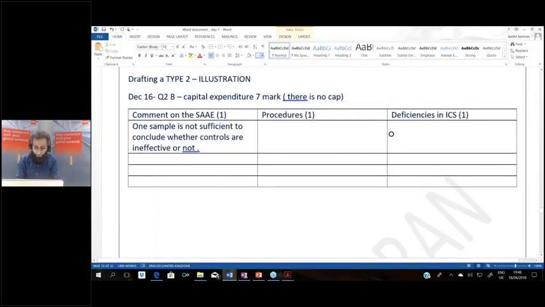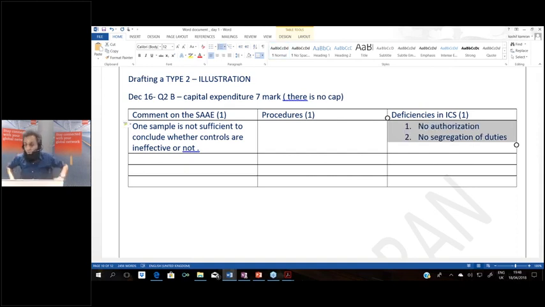One deficiency is no authorization, and the second deficiency is no segregation of duties. See how to explain them in my answer. But 2 deficiencies means 2 marks. So far we are standing at 3 marks. I found 1 sufficiency problem and 2 deficiencies. See, I'm going in the order of the case and filling my columns. Okay, let's go back.